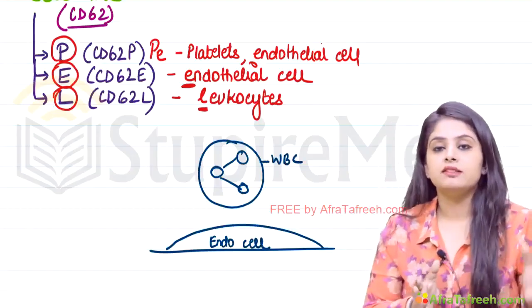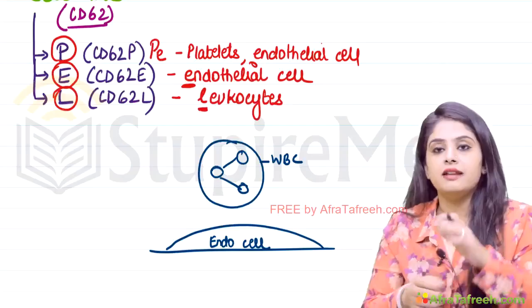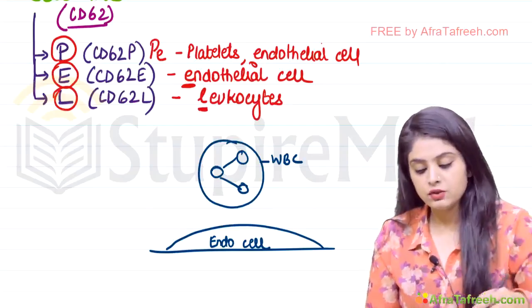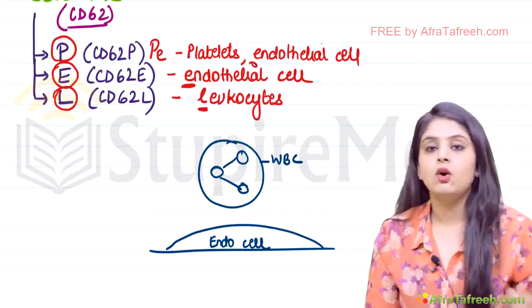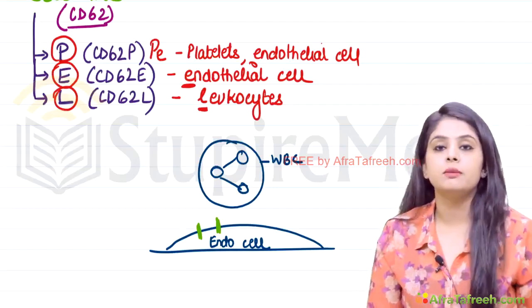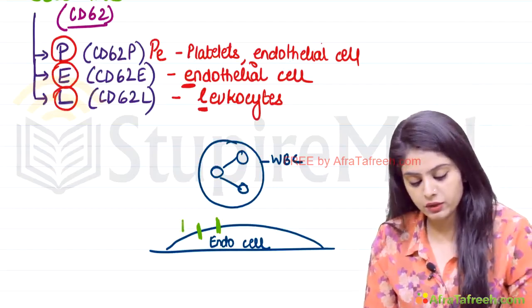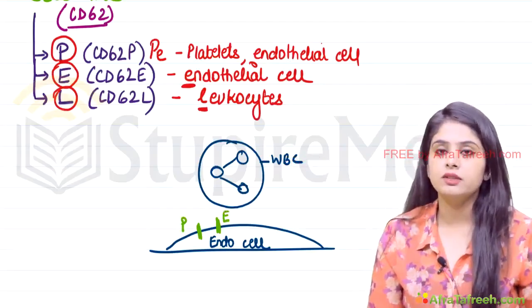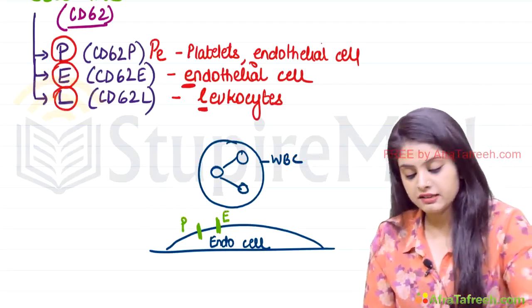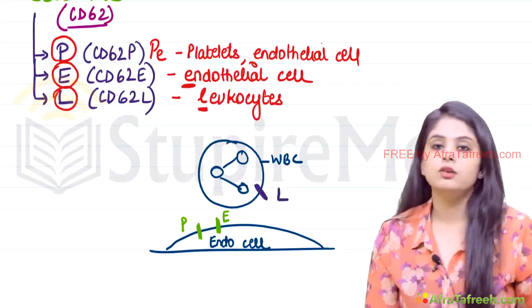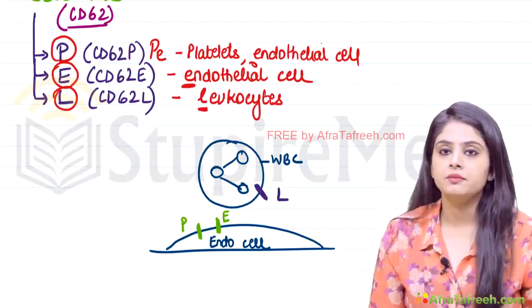When the cell is rolling over the endothelial cell and weak adhesion happens, it happens because of selectins. I just told you that on the endothelial cells we have two types of selectins. One are going to be the P-selectin and the E-selectin. They are present on the endothelial cell. Whereas the L-selectin is present on the leukocyte. This is what we've done up till now.